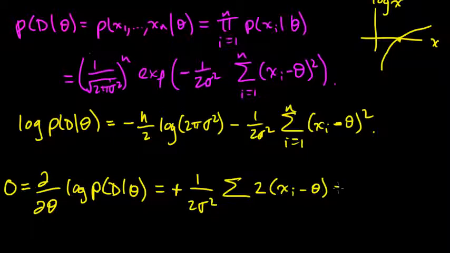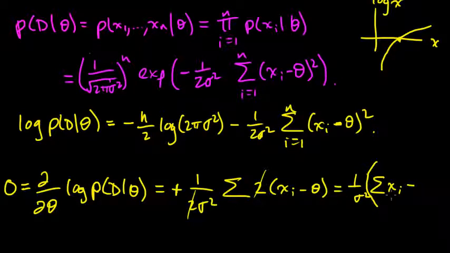And now let's move the sum through here, and we get 1 over 2 sigma squared. Well, let's go ahead and cancel the 2. That'll simplify things a bit. 1 over sigma squared, sum over xi minus theta.